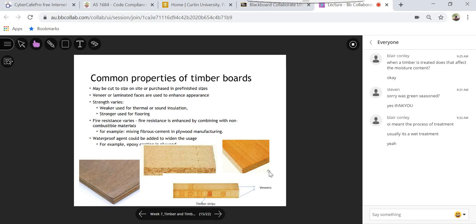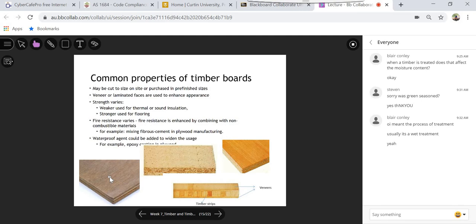And fire resistance also varies. Since it is made out of timber, it catches fire, but we can enhance fire resistance by adding non-combustible materials such as fibrous cement. Commercially available timber boards may have a particular type of fire rating that you can find in product information sheets.